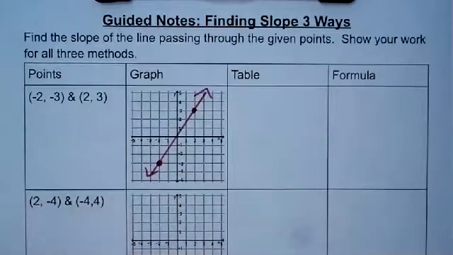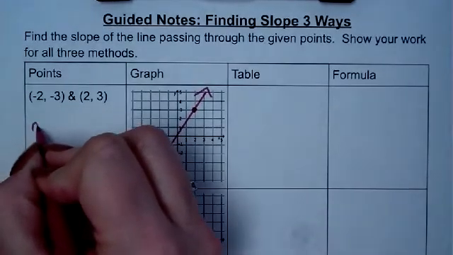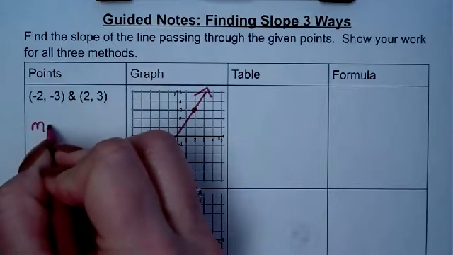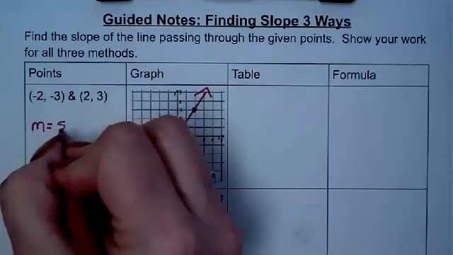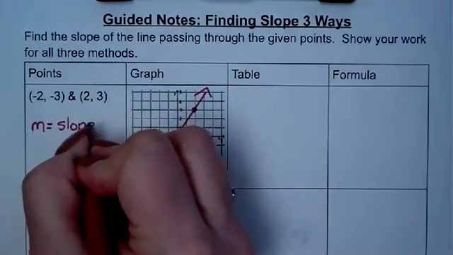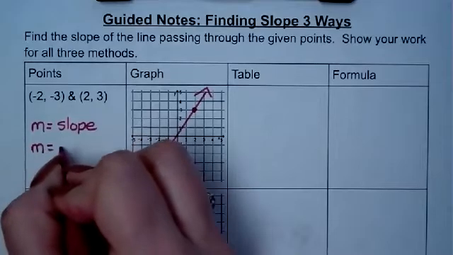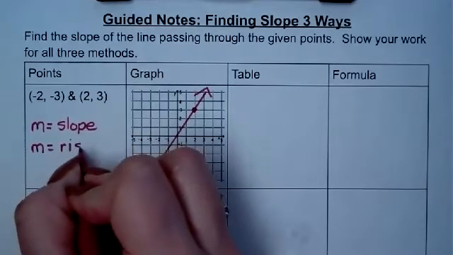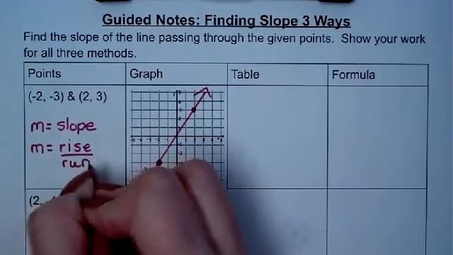Now, when we do the slope of a line using the graph, we have a little acronym that we're going to remember. Oh, first of all, let's back up for just a second. Lowercase m is the symbol for slope. What we use to remember this is our little acronym: rise over run.